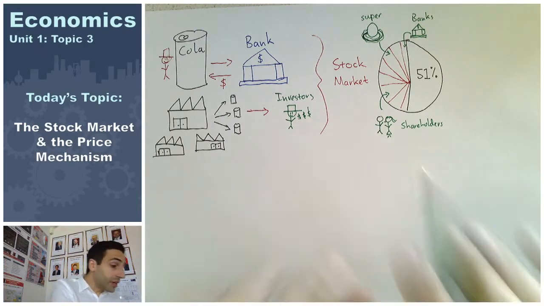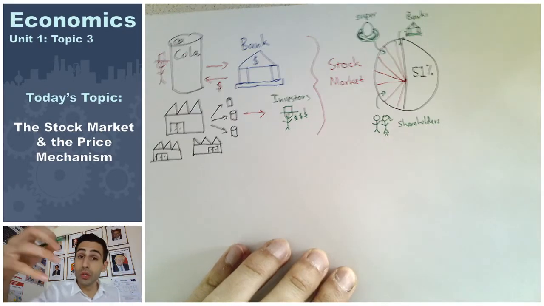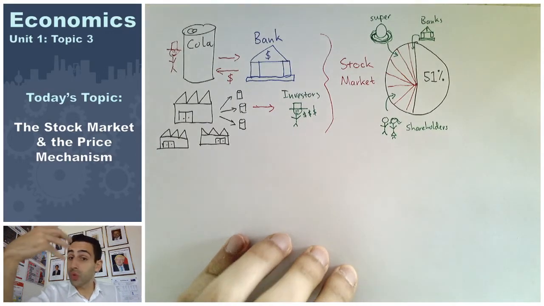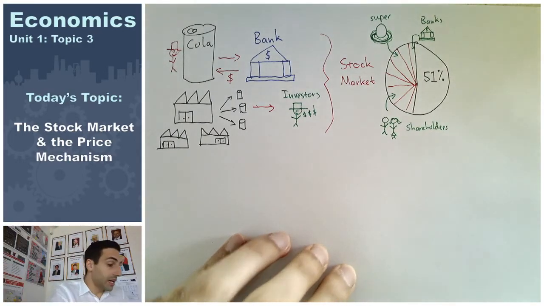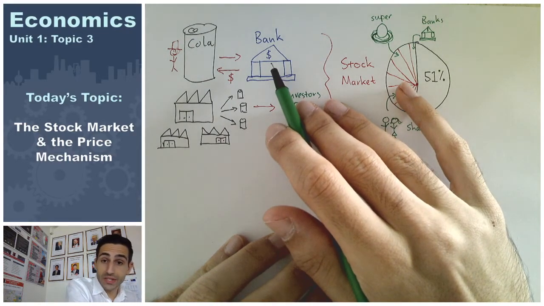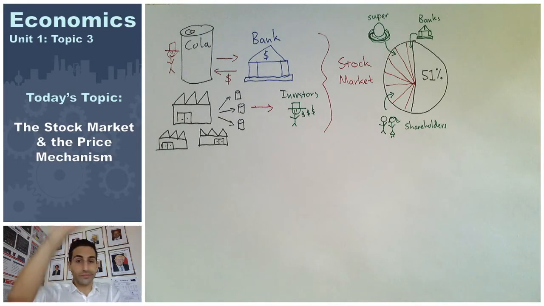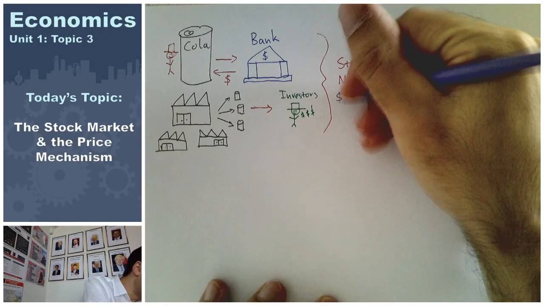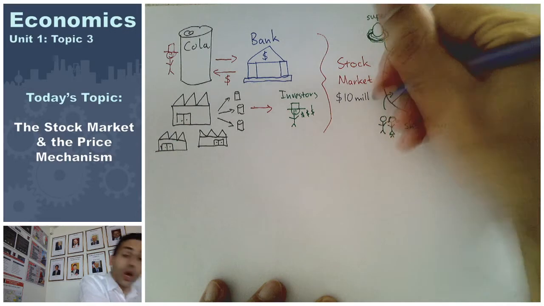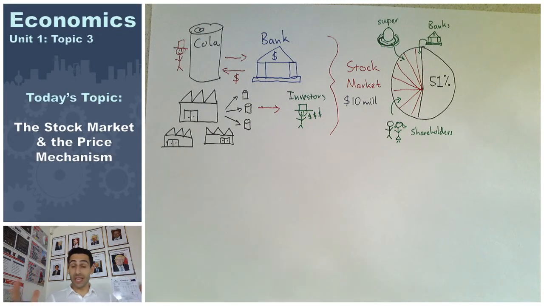Okay. Now, every dollar these shareholders are spending to purchase newly floated shares or stocks, we'll call them shares, in this company, every dollar is going back to the business. So let's say that this cola company decides to float, hypothetically, $10 million worth of shares, then they've just made $10 million worth of revenue from the sale of shares on the stock market.